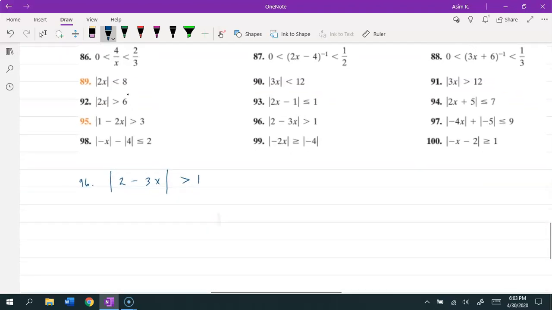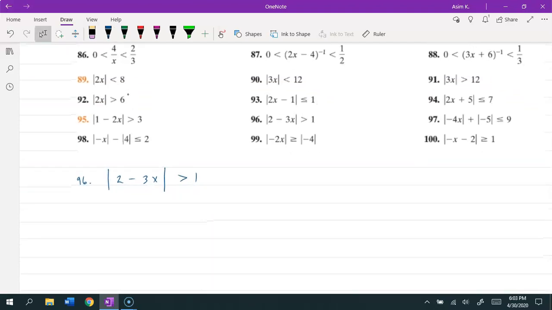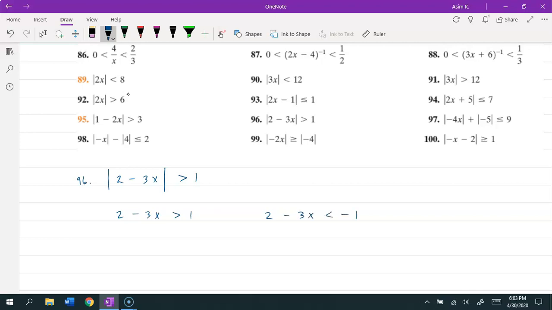What we can do is break this up into its two cases: 2 minus 3x is greater than 1, and 2 minus 3x is less than -1. Notice the two switches that we make. We first switch that number to its opposite, and then we flip the sign on the inequality, whereas the first case stays exactly the same.